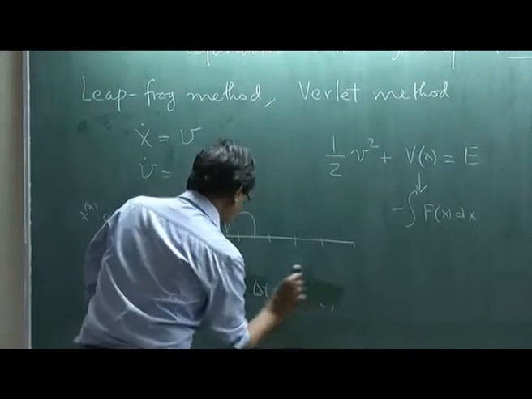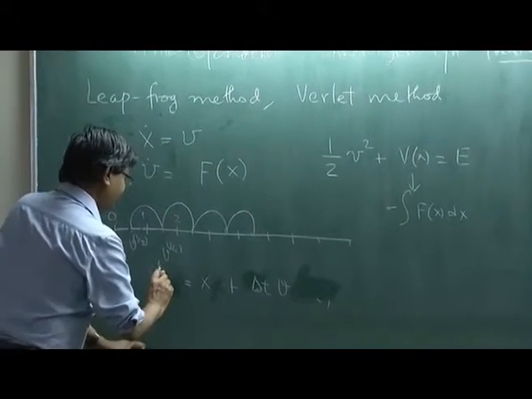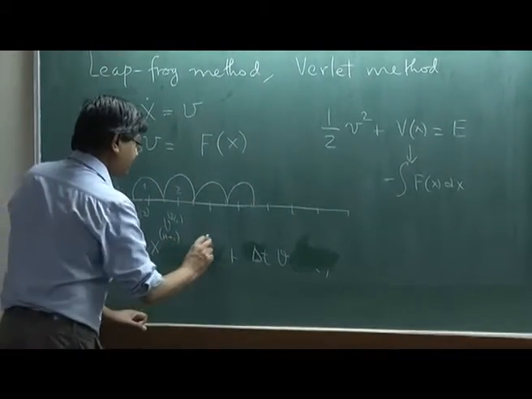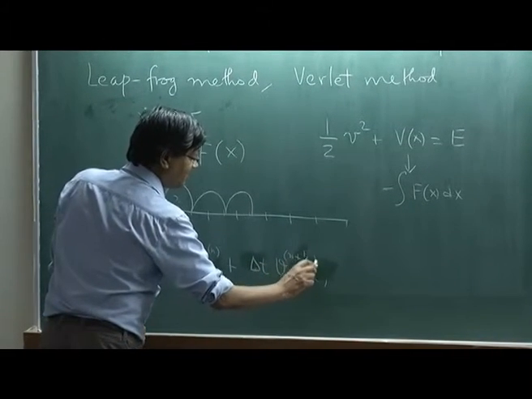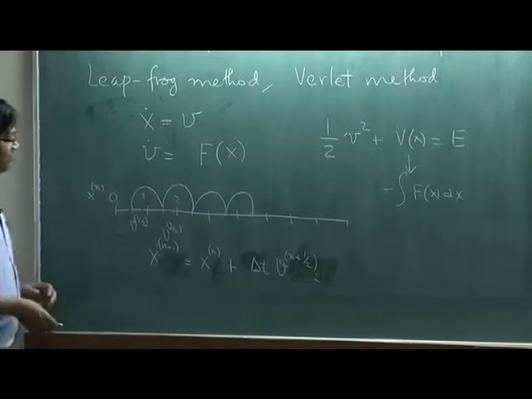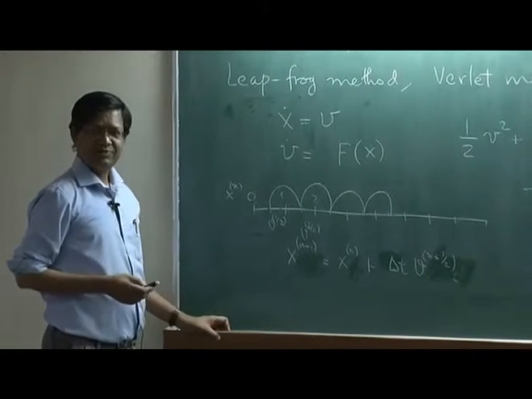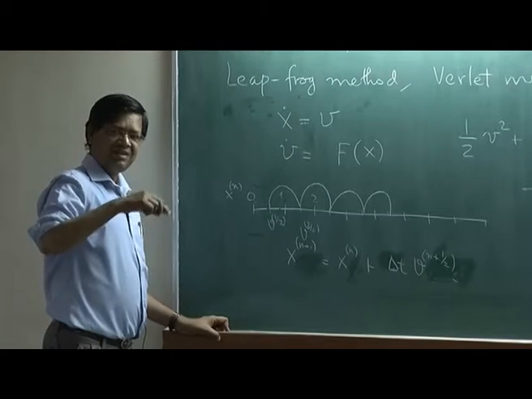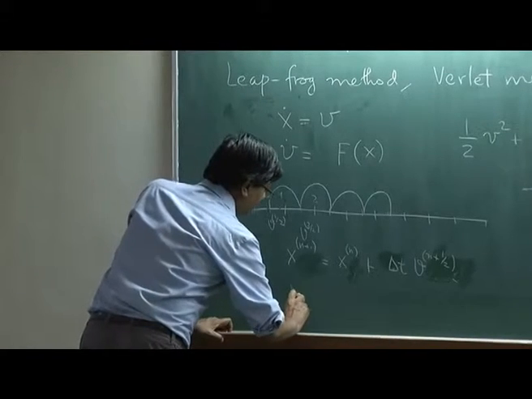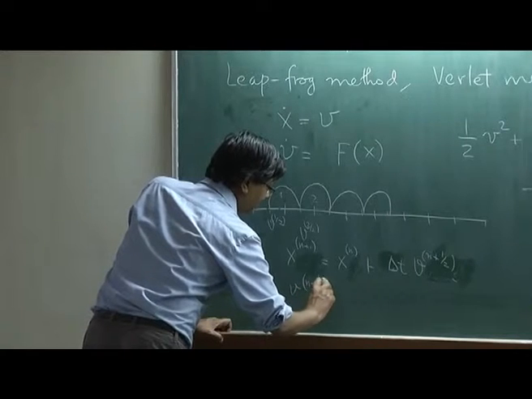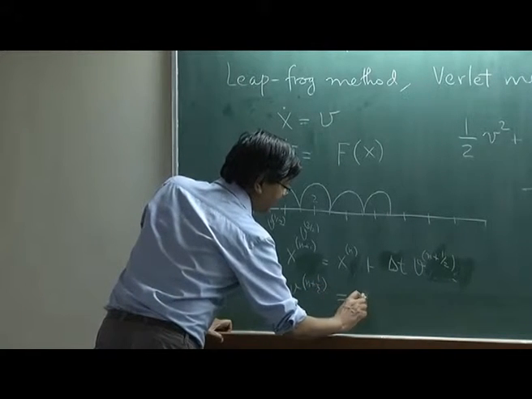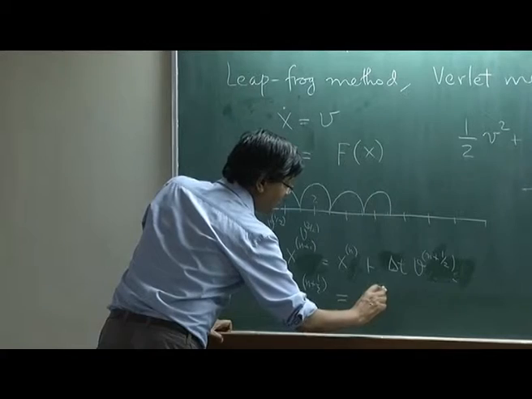Actually let us write it like this: x_{n+1} is x_n plus delta t times v_{n+1/2}. The index is a time index, we put it up, and the velocity is at the midpoints. So v_{n+1/2} will be the velocity at n minus half.